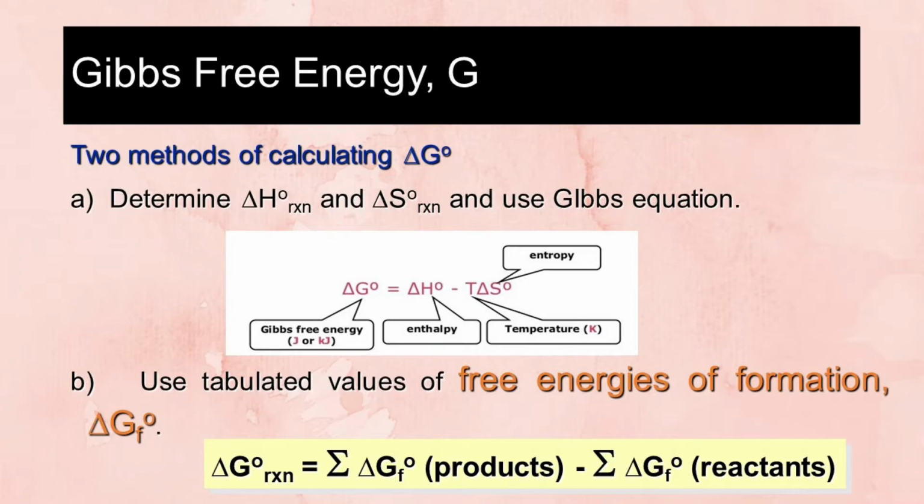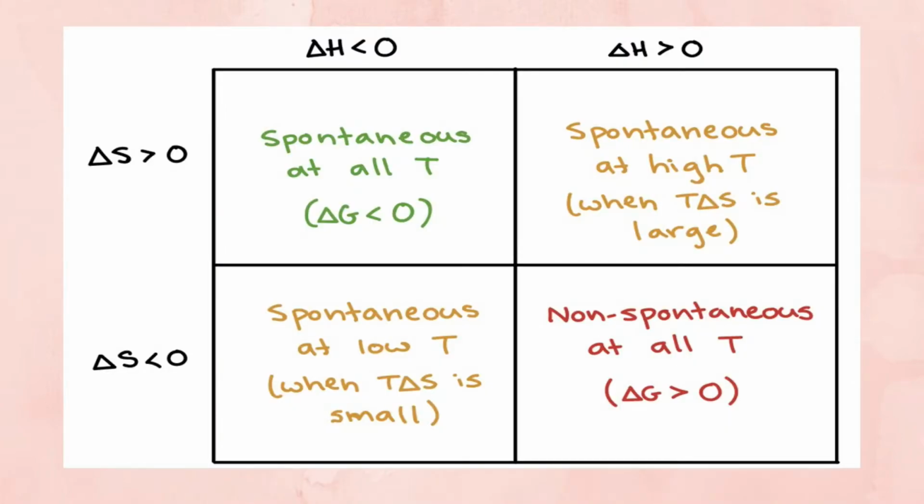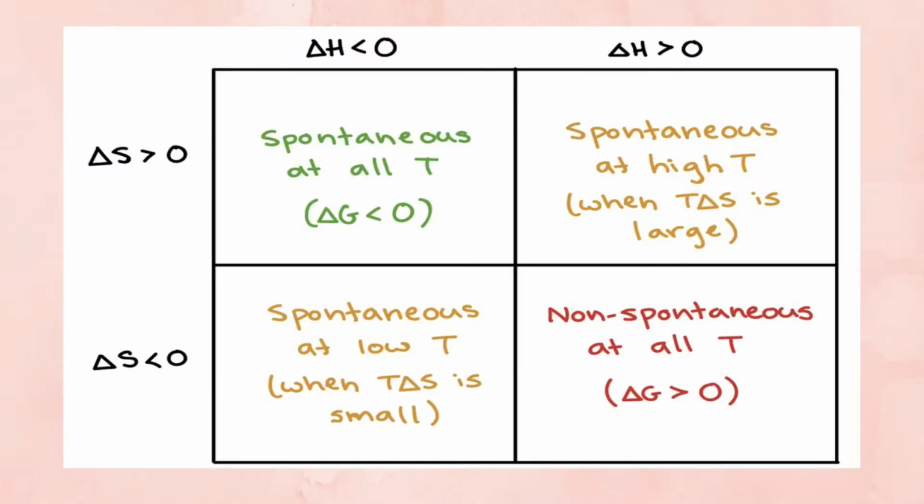First, by determining enthalpy and entropy, or using the tabulated values of free energy of formation of Gibbs free energy. If both enthalpy and entropy is negative, then it is spontaneous at low temperature. If both entropy and enthalpy is positive, then it is spontaneous at high temperature.